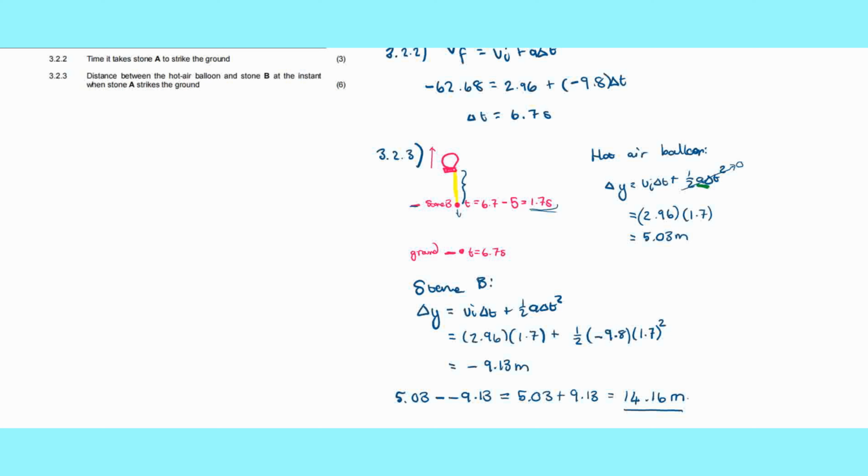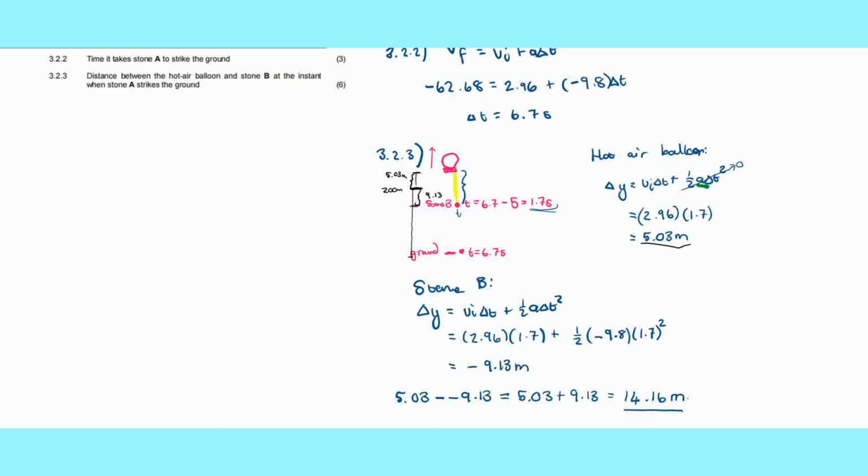Just a small note on this. Remember, the hot air balloon started at 200 meters above the ground. Right? If this is 200 meters above the ground, the hot air balloon then traveled up this 5.03 meters. So this distance here is 5.03 meters, and stone B traveled down 9.13 meters.